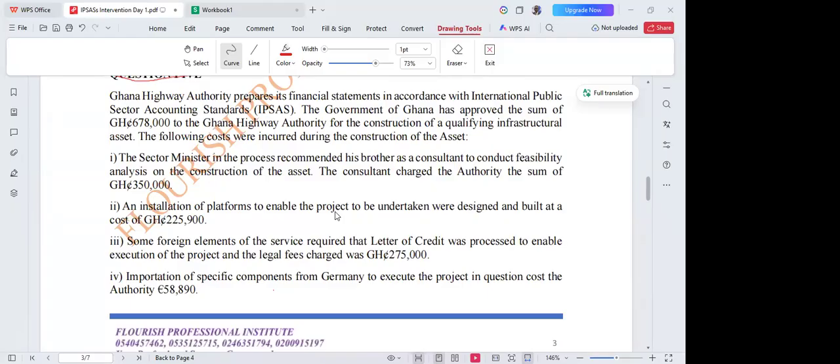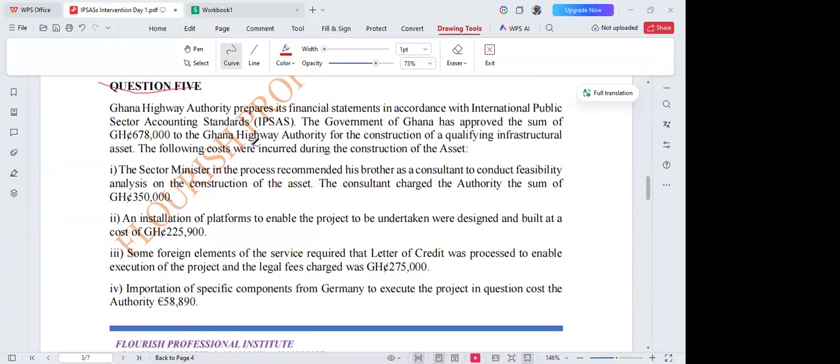IPSAS 11, Construction Contract. Incorrect. Yeah, Helen. Guys, PPE and borrowing cost. PPE, which is IPSAS 17, and borrowing cost, IPSAS 5. So it's 17 and 5.